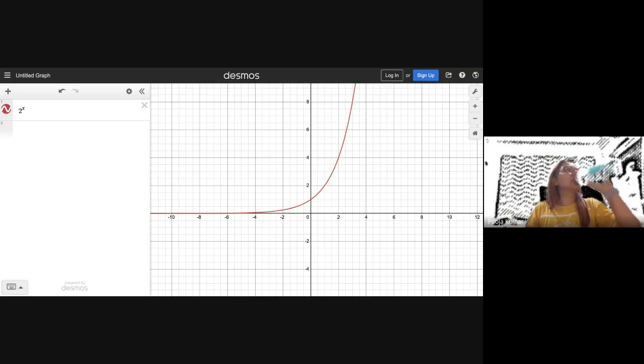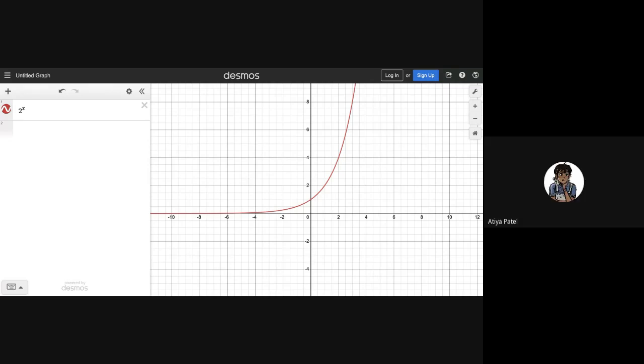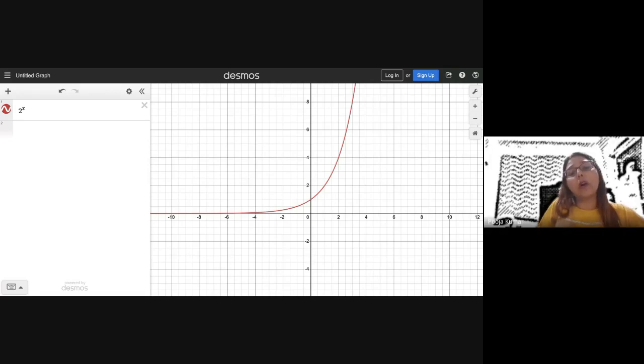How do we solve this? The basic rule of exponents: if you have any number raised to a negative power, you first get rid of the minus by putting it in the denominator. So it will become 1 upon 2 raised to power 3.